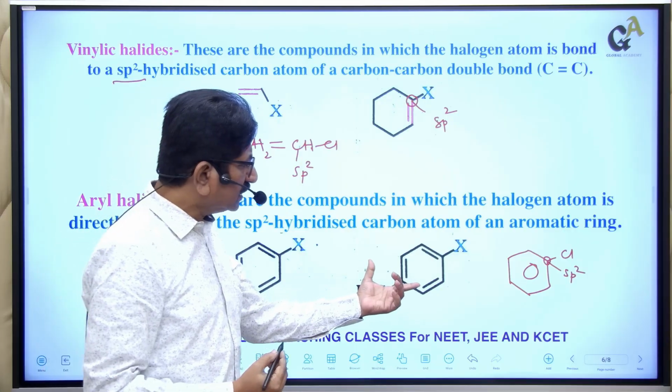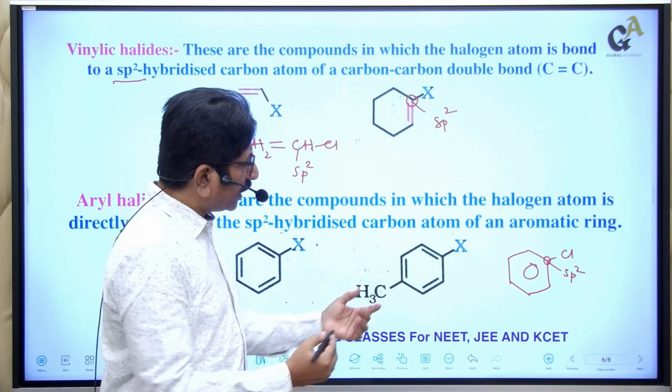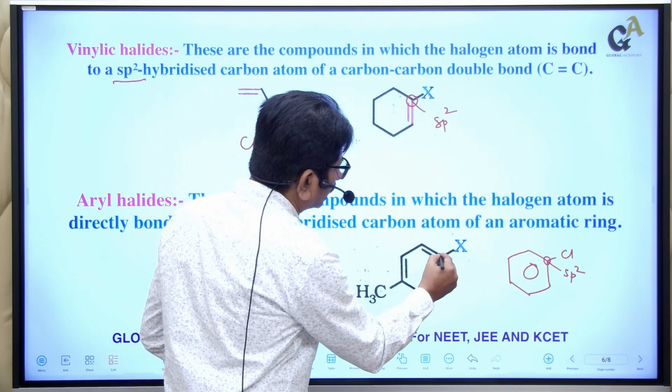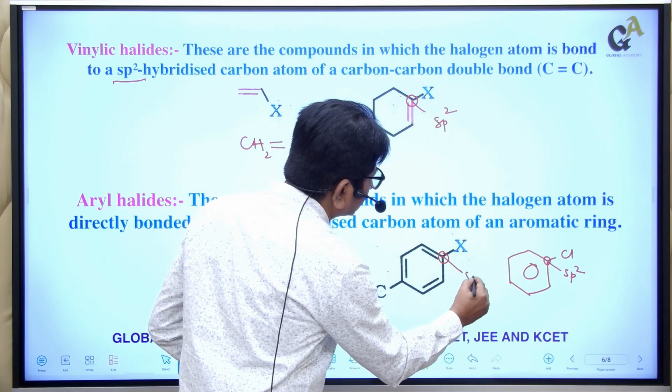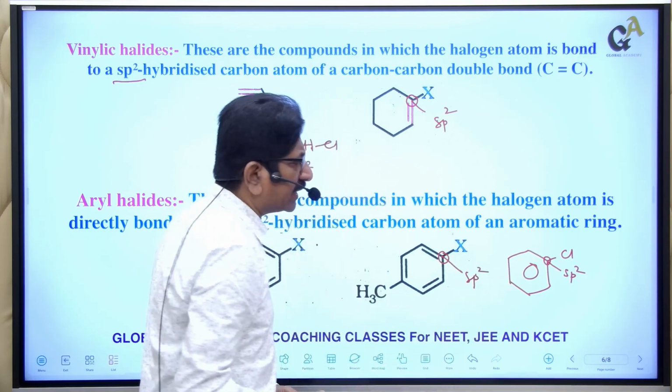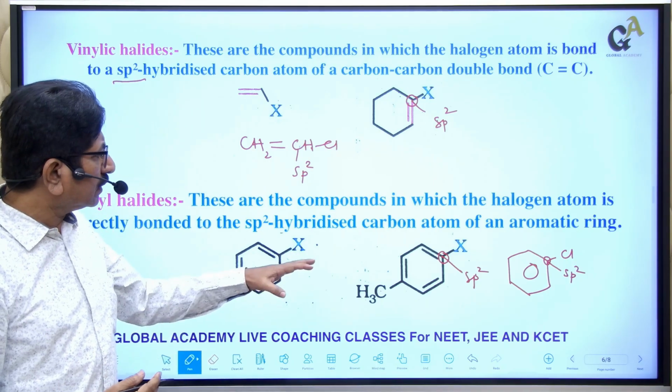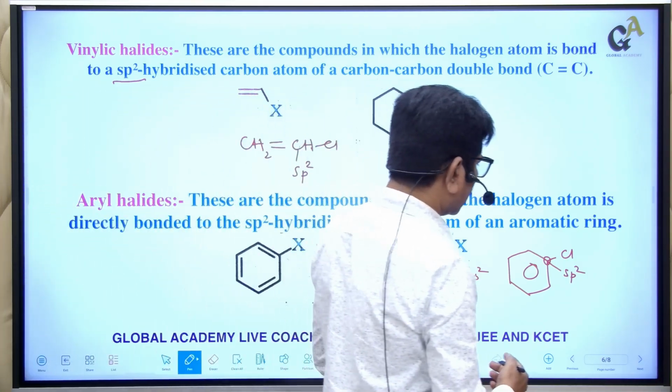Also in this molecule, this carbon is sp2 hybridized carbon, and in this way these are classified.